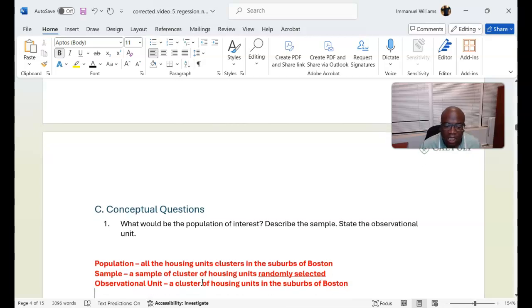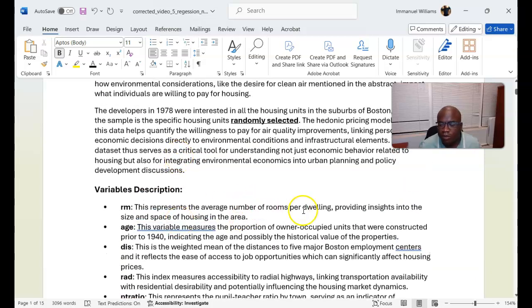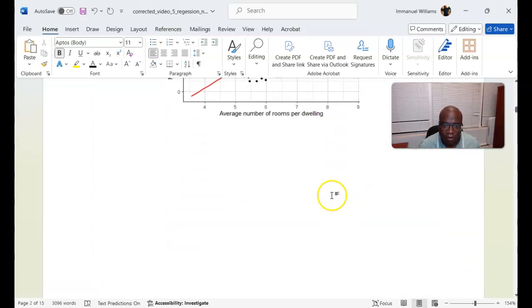That cluster you probably didn't think of, but when I was mentioning that we're looking at the average number of rooms per dwelling, you have to have a cluster of homes in order to get that average. That's the only way that makes sense.